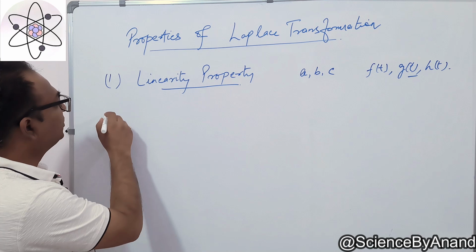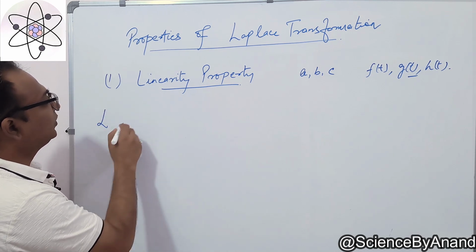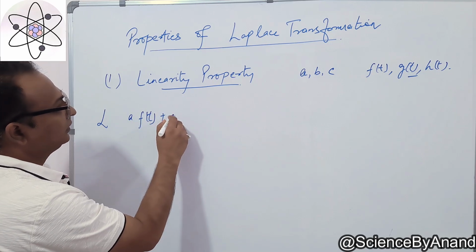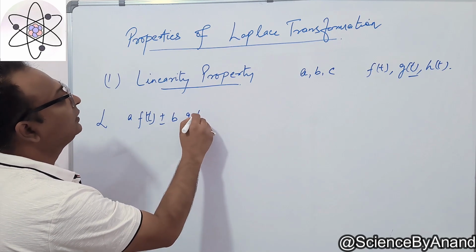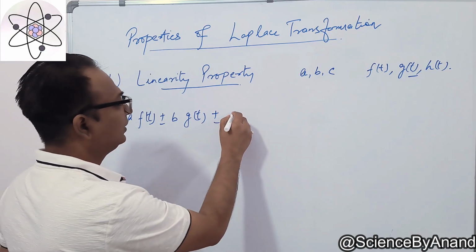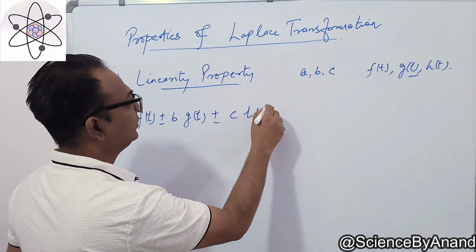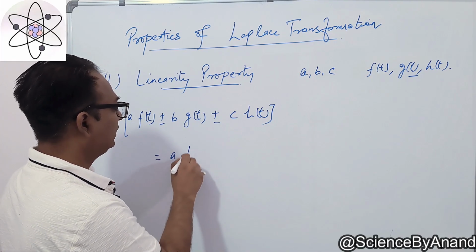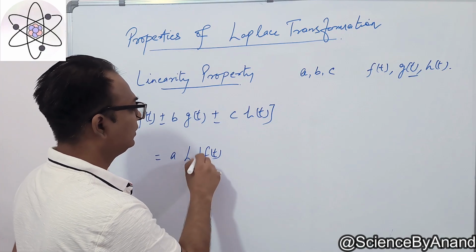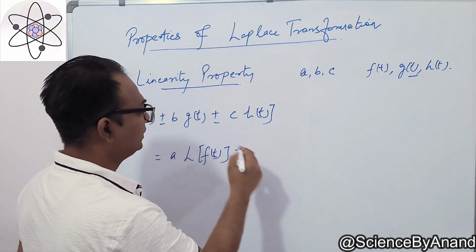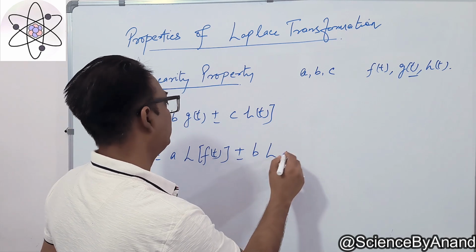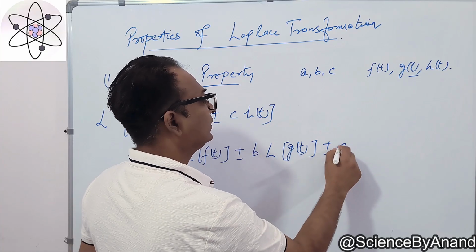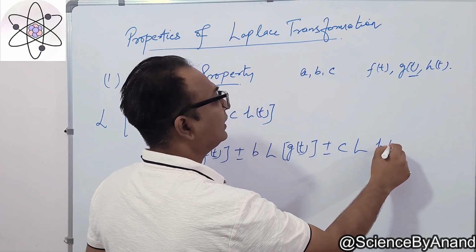Then according to linearity property, Laplace transform of a f(t) plus minus b g(t) plus or minus c h(t) can be written as a Laplace transform of f(t) plus minus b Laplace transform of g(t) and then c Laplace transform of h(t).